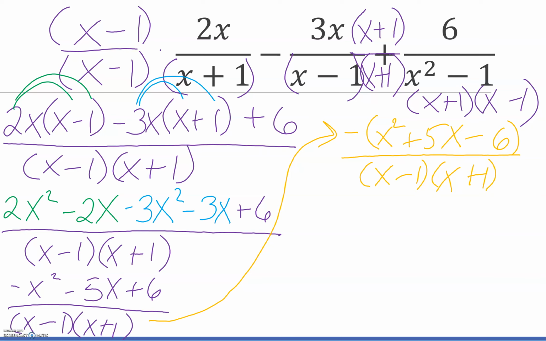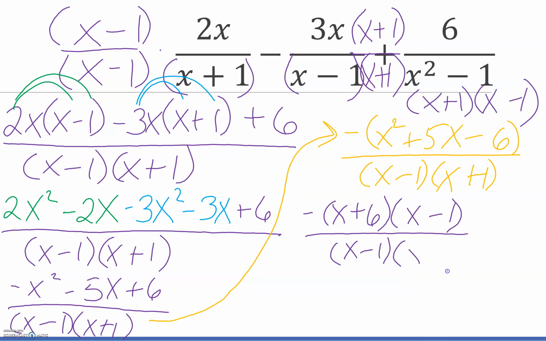Now, the numerator is going to factor into being x plus 6 times the quantity x minus 1. That's still all over our x minus 1 times the quantity x plus 1. Now we can simplify this one.